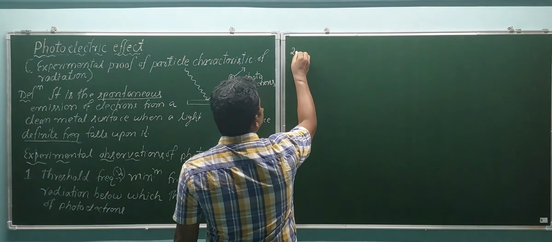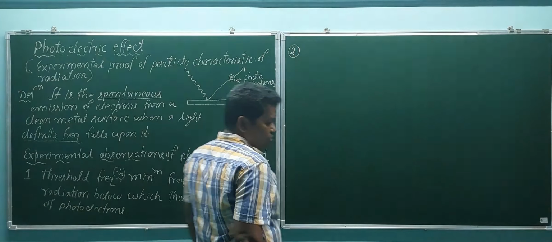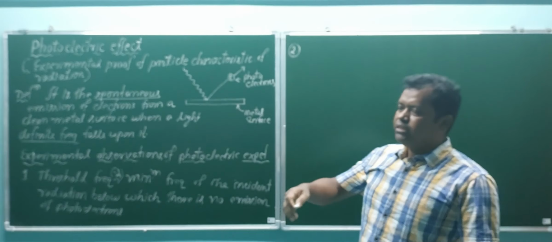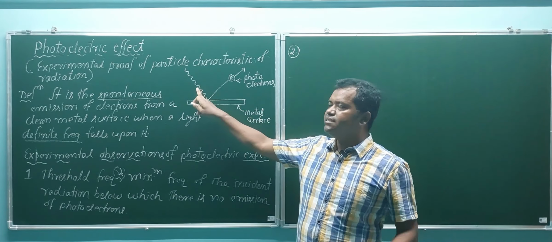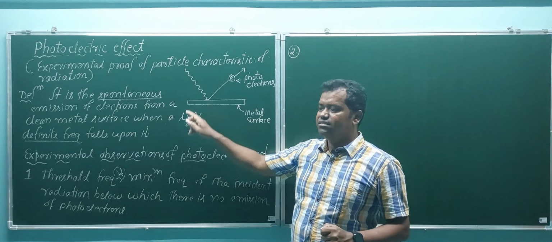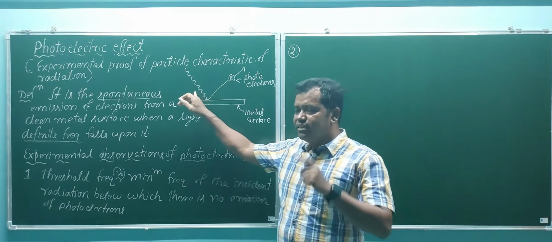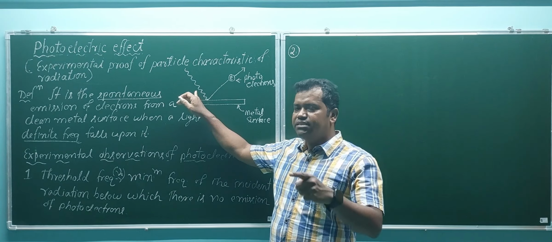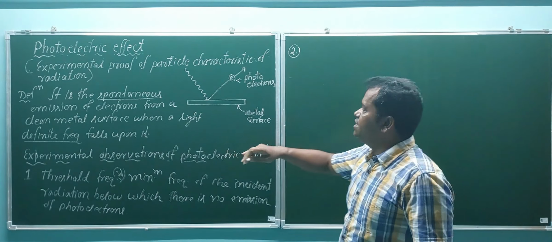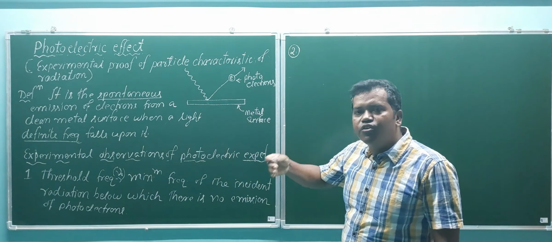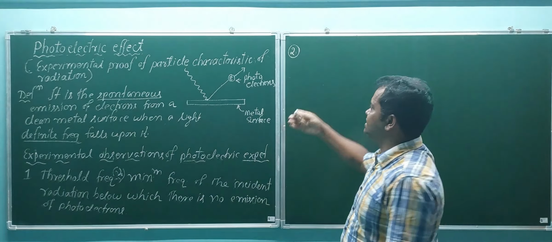Second observation. If the intensity of the incident radiation increases, I repeat, if the intensity of the incident radiation increases, the number of photoelectrons also increases.